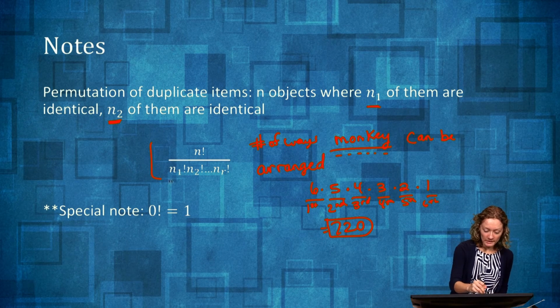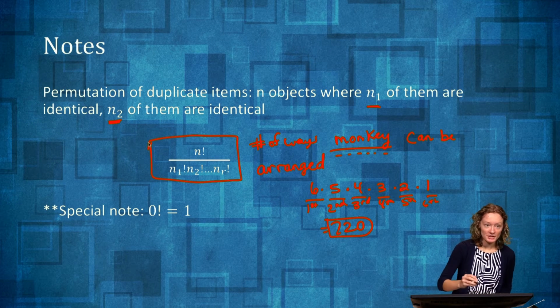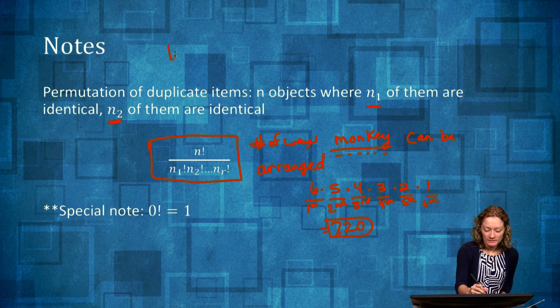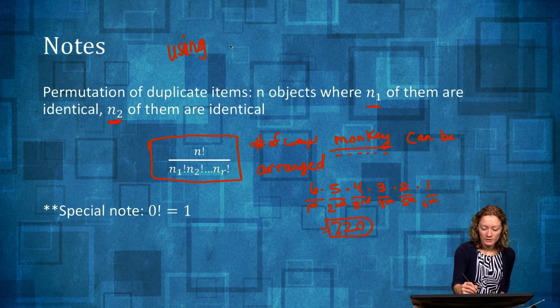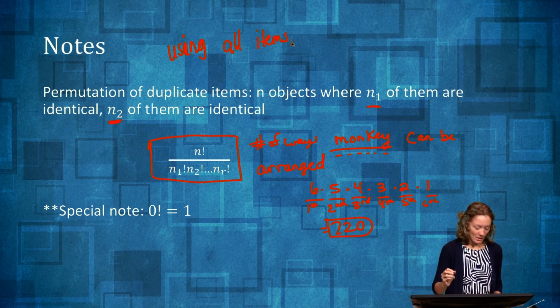This specific formula, and we'll see an example of it on the next page, I just want to note when it would be used. This is when you're using all the items, but you have repetition.